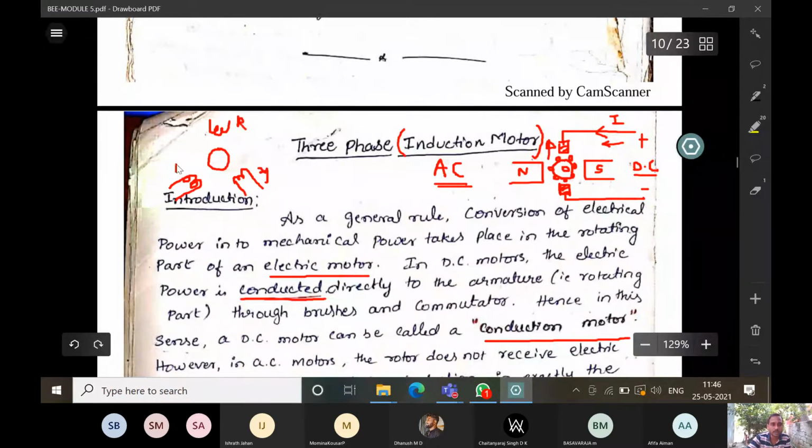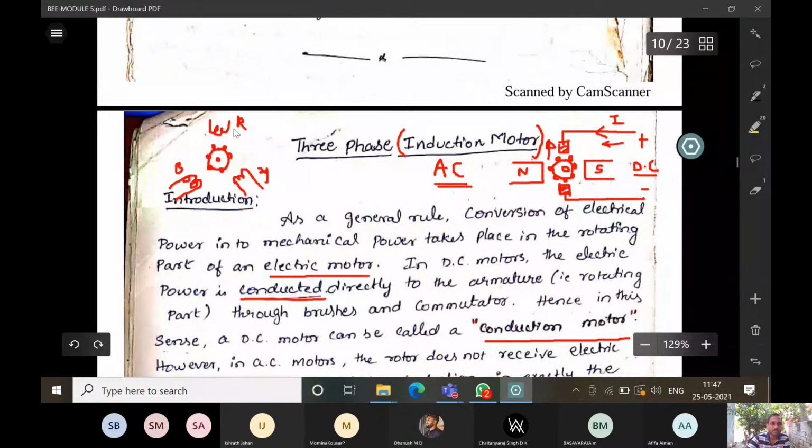R, Y, B are connected 120 degrees apart, and there is no electrical connection between stator and rotor. This is the short-circuited induction rotor. The rotor windings are embedded in the slots. There are no brushes and commutators used here. So this is the induction principle: between stator and rotor there is an air gap.